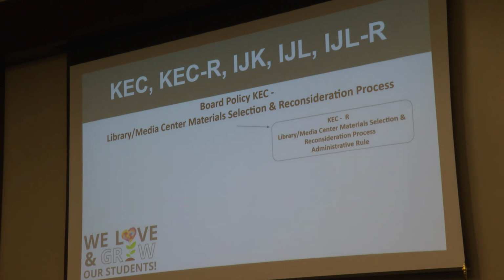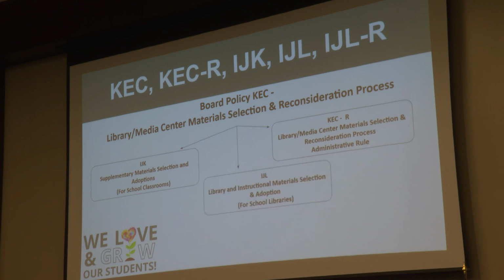Then we have KECR that gives even more specific details about that process. IJK is what we're going to talk about now. That's classroom supplementary materials. And then IJL is the library and instructional materials for the library.